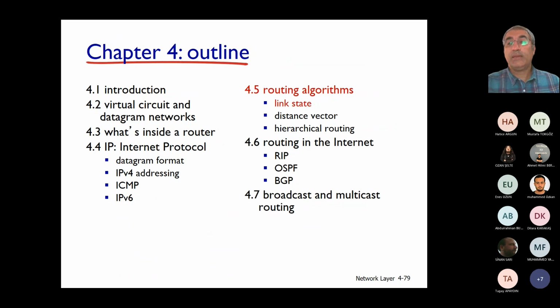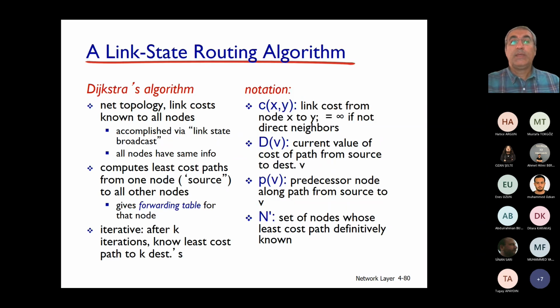Okay, that was the main introduction, the main principles of the algorithms. Now let's go to the details of the first approach, which is the link state approach. There are many link state routing algorithms, and the most popular one is the Dijkstra algorithm.